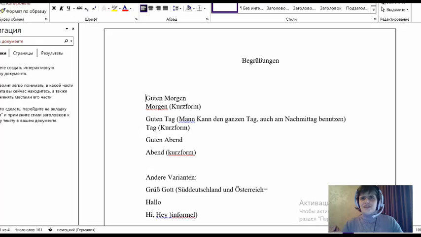In the afternoon, and actually in the morning too, you could say Guten Tag or just Tag. In the brackets here, you see the word Kurzform. And here about Guten Tag, I wrote, man kann den ganzen Tag auch am Nachmittag benutzen. So you can use this expression, Guten Tag, and Tag not only in the afternoon, but also in the morning, but not in the evening.